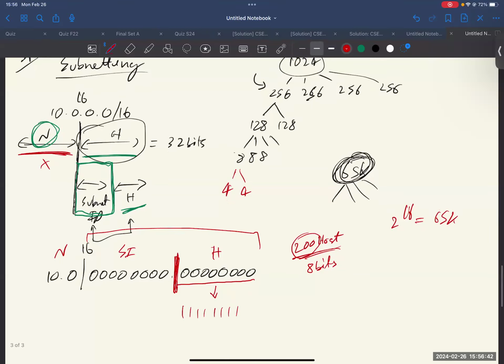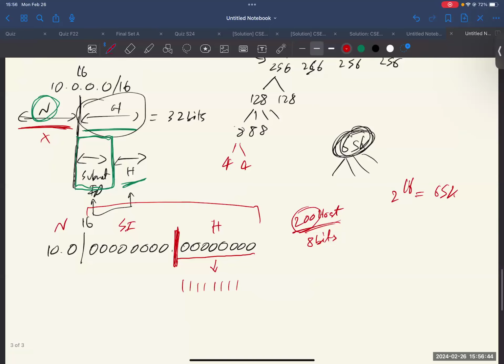What will happen after this one? It's the broadcast, sir. Yes, but combination-wise, what is the next combination after this? Isn't it this one? Right? Just binary counting.